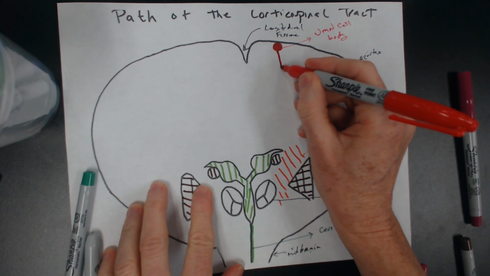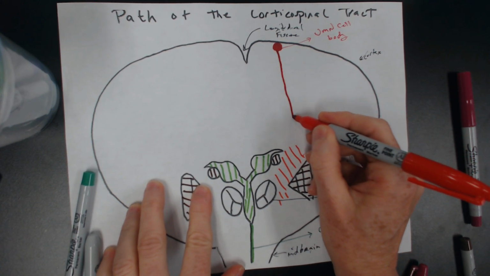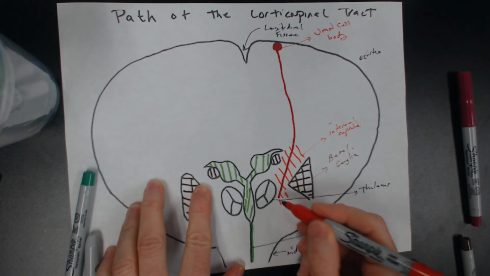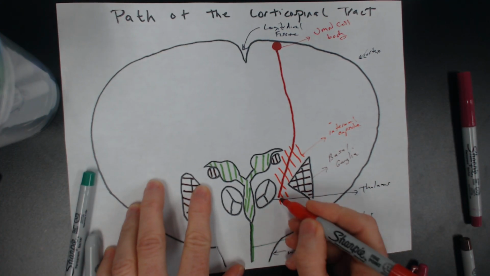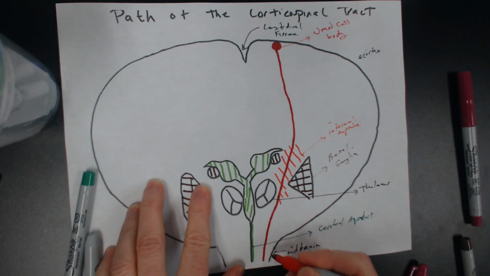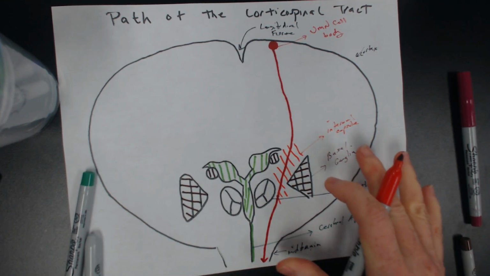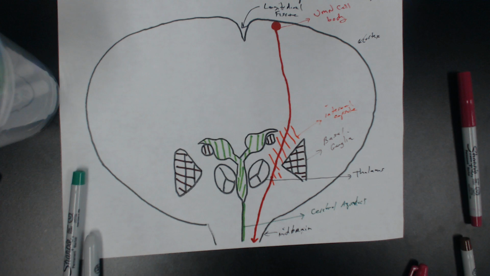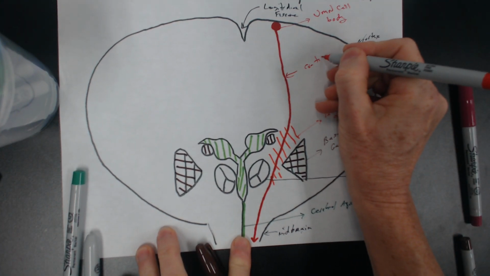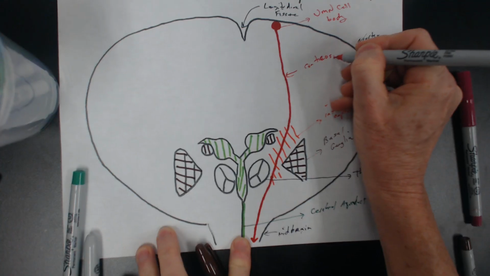It goes straight down through the cortical region and cuts through the internal capsule, just like the somatosensory information did. And it's going to travel straight down ipsilaterally through the midbrain. And that's going to be the start. And again, this is called the corticospinal tract.